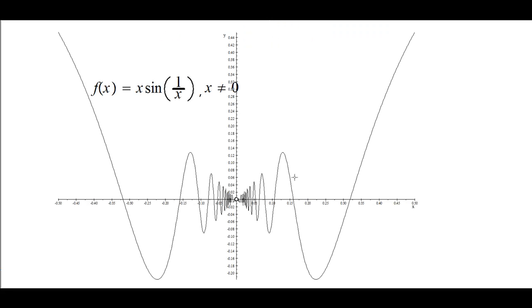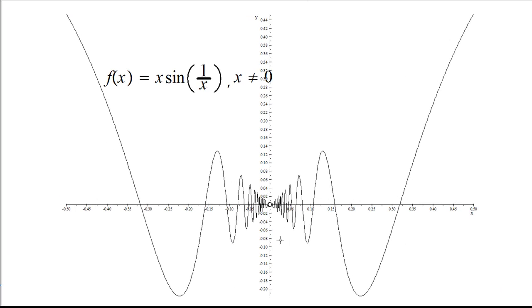Now here is a graph of this function. You can generate this graph by using your calculator, and notice this: as x approaches 0, the function also approaches 0.